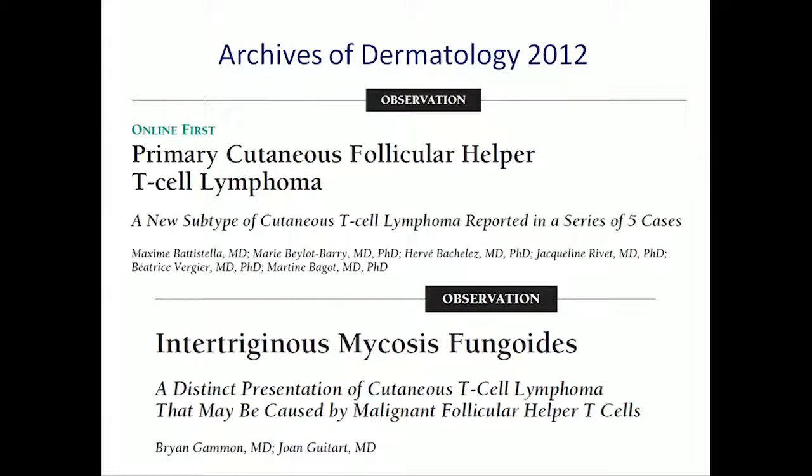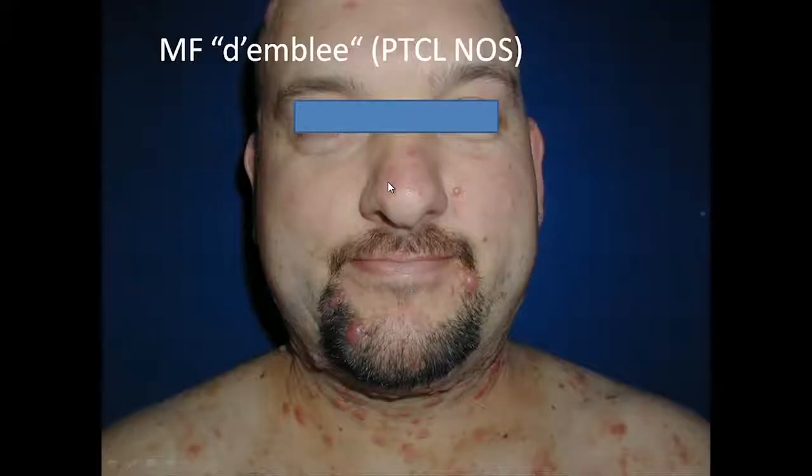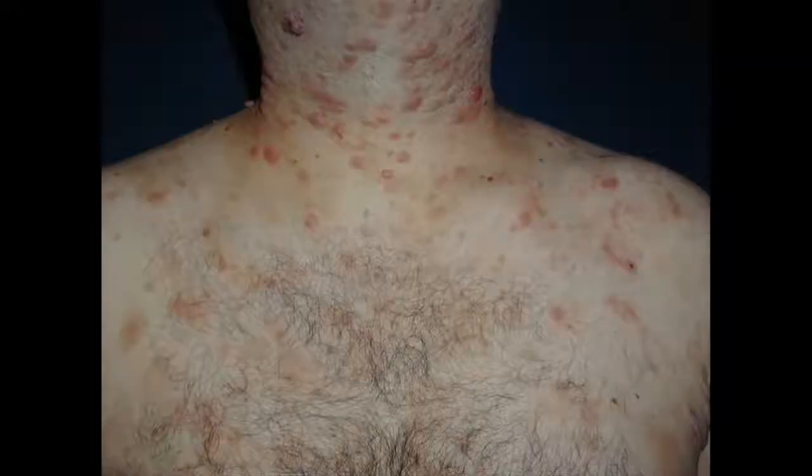Those are the cases that we have labeled as intertriginous mycosis fungoides or primary cutaneous follicular helper T-cell lymphomas. That's what up until recently we were reporting as mycosis fungoides, the Demblé presentation. The patients present from day one, not with one, but multiple papular nodular lesions without the background of patch disease.